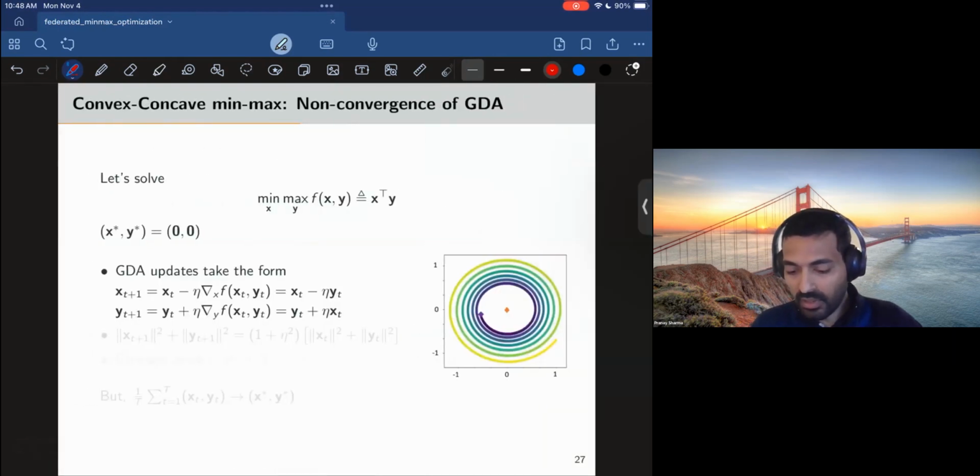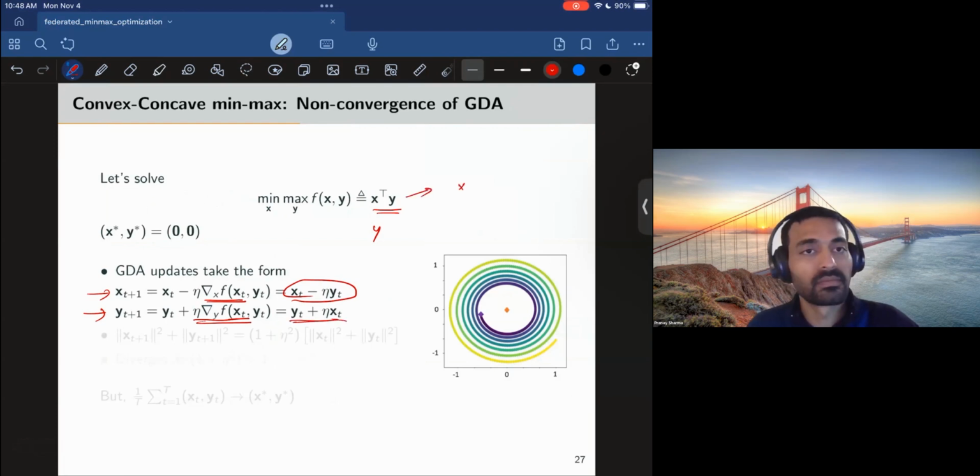So here, to update x, you take a gradient descent step, and the gradient with respect to x is simply y. So we get this. Similarly, to update the y variable, we take a gradient ascent step, and the gradient with respect to y is simply x.